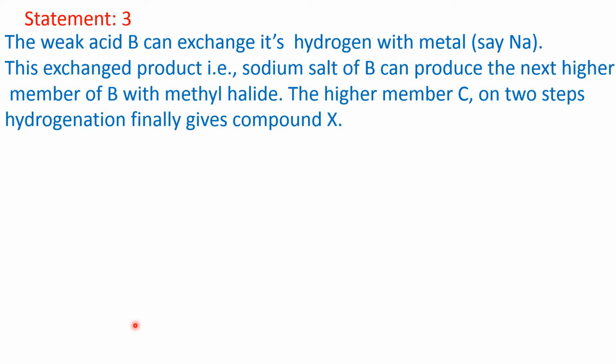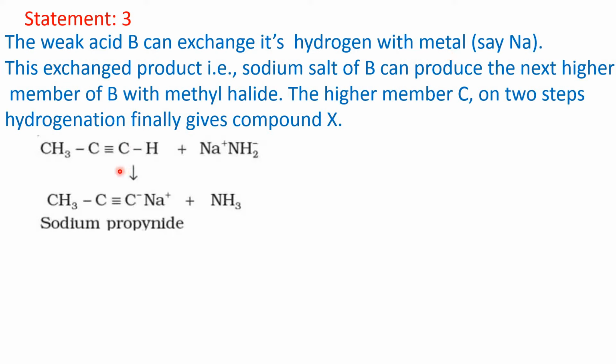Now statement 3. The weak acid B can exchange its hydrogen with metal, say sodium. This exchange product, that is the sodium salt of B, can produce the next higher member of B with methyl halide. The higher member C on two steps of hydrogenation finally gives the compound X. So our B is a weak acid and it can exchange its hydrogen with metal, say sodium.